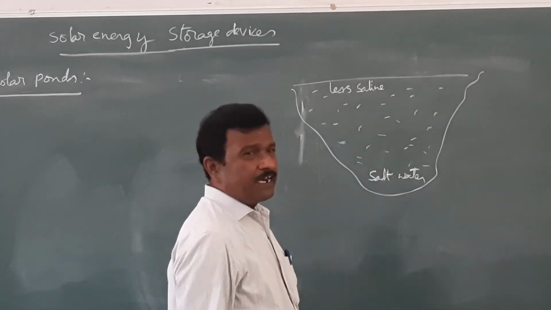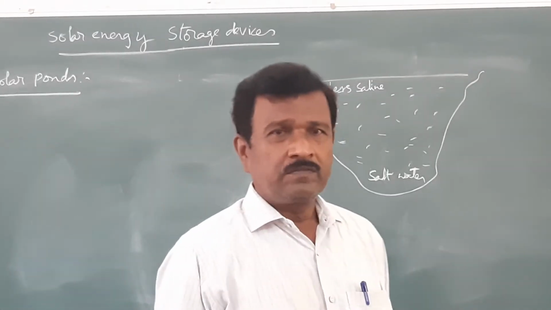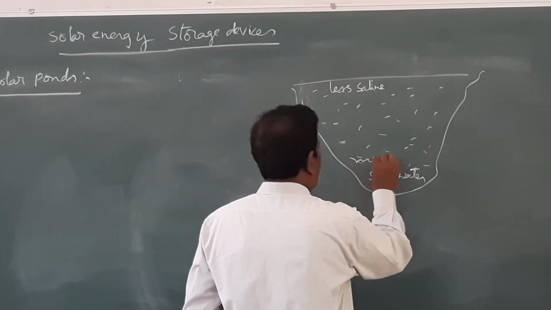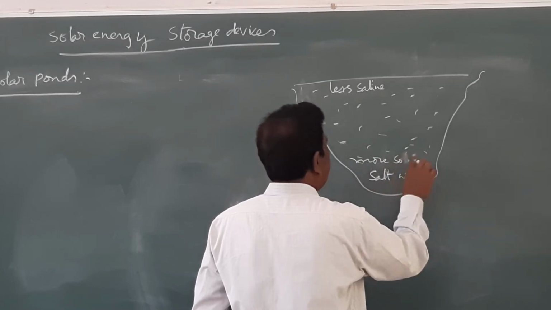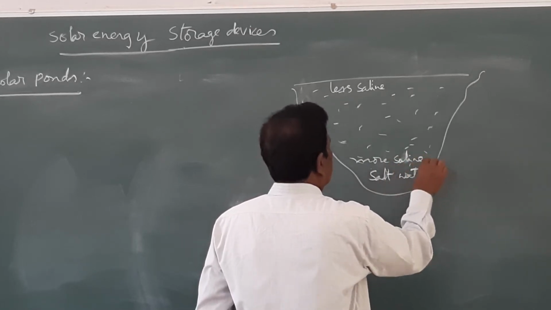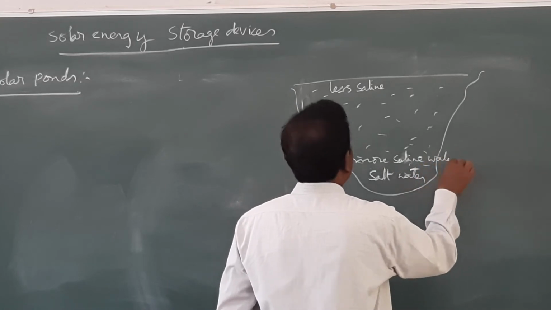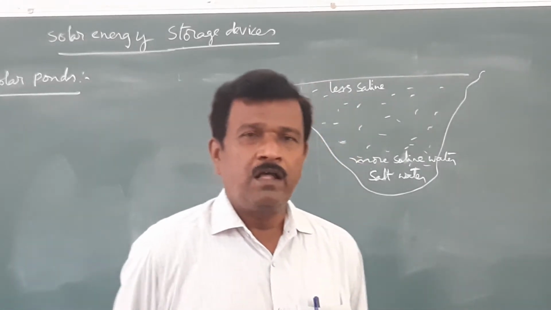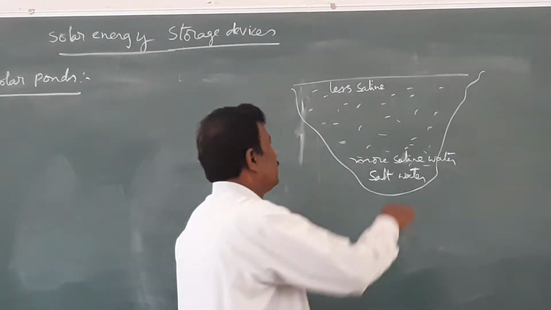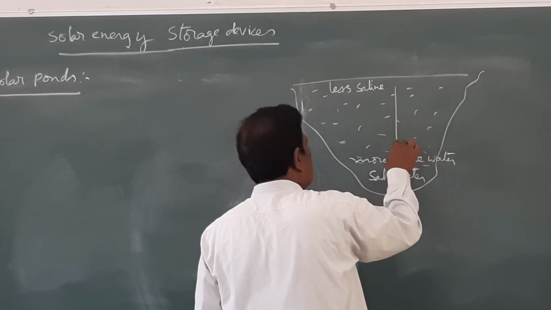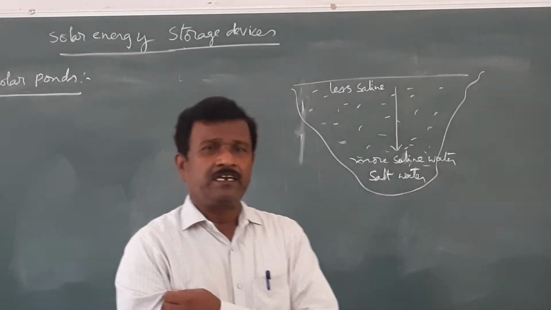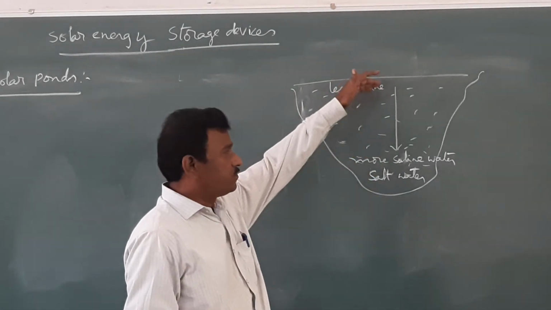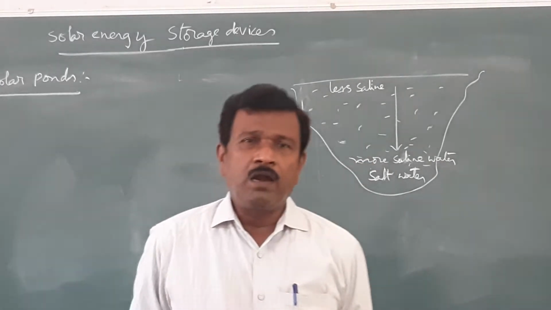That means salt content is less for water on the surface of the pond, and the salinity gradually increases as you go deeper and deeper into the pond. Therefore, there is a gradient in the salinity of water from the surface to the bottom of the pond or lake.